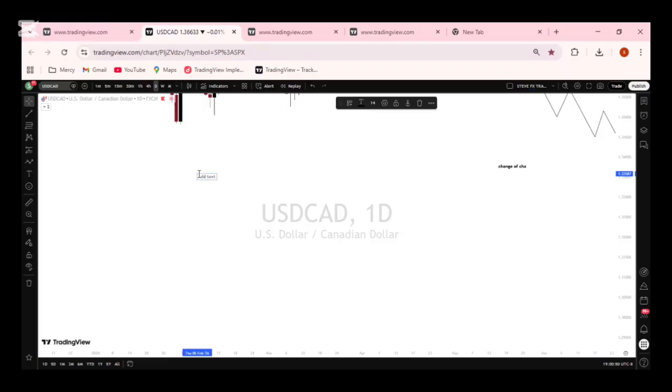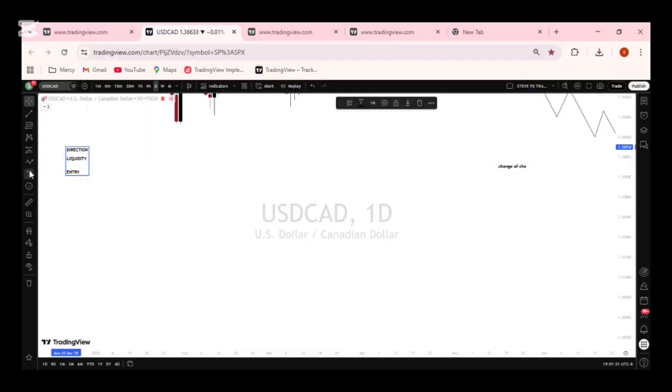First is direction, or the trend of the market. Also, we have liquidities, and also we have entry. So these three types of market structures help us to identify these things properly.